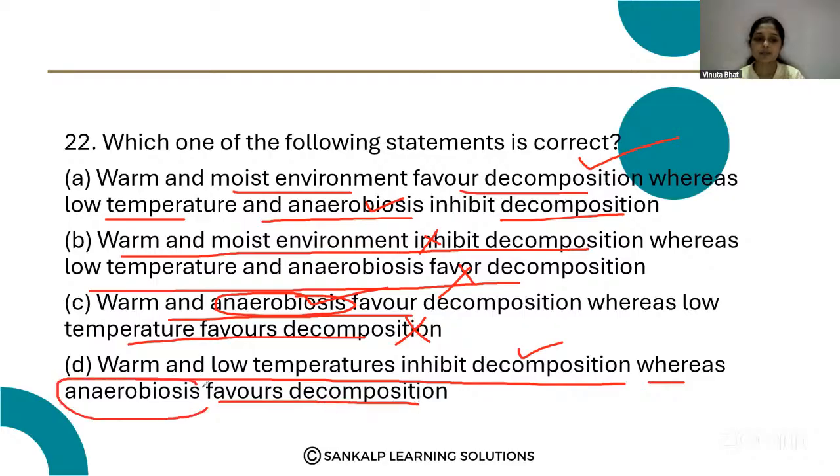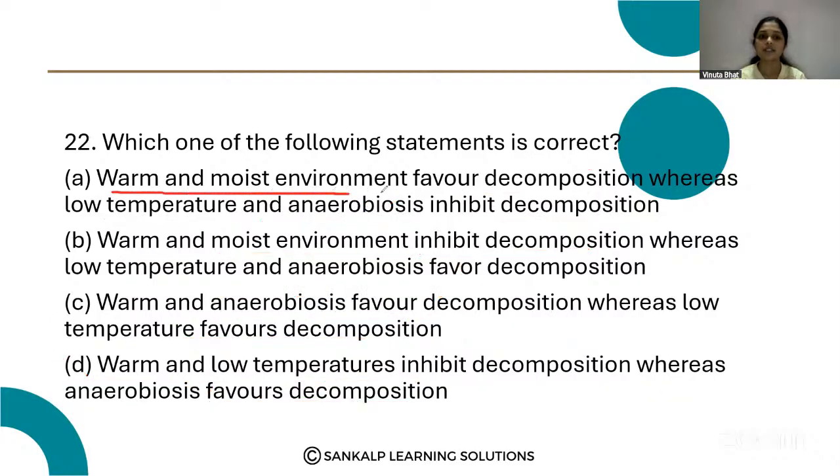Anaerobiosis means absence of oxygen, so that does not favor the decomposition. So option D is also wrong. So for this question, option A, warm and moist environment favor the decomposition, whereas low temperature and anaerobiosis inhibit the decomposition. Yes, option A is the correct answer.